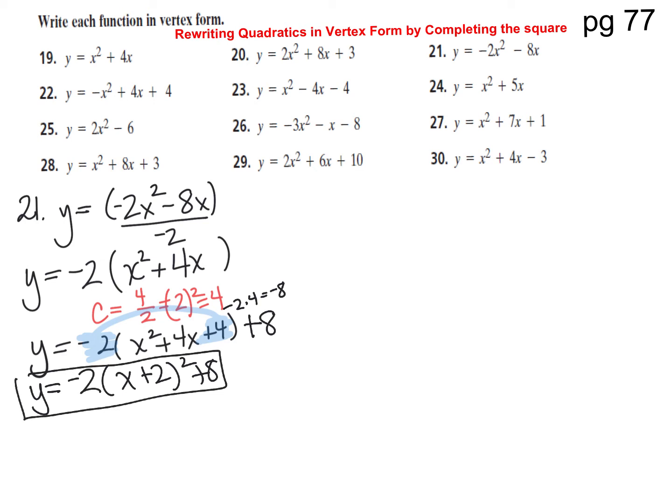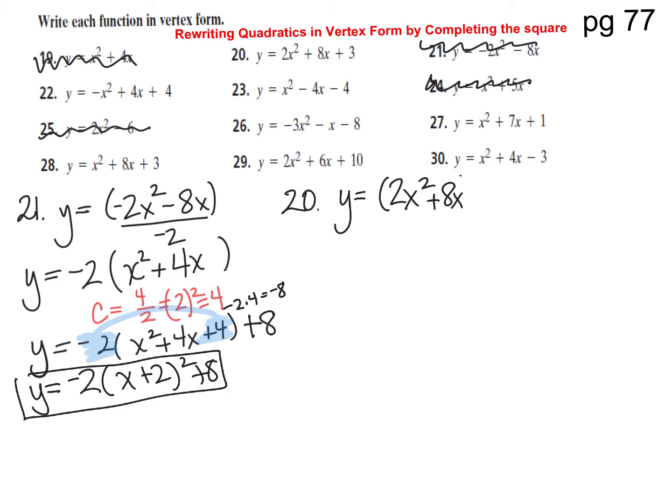Okay. So I've done 19. I'm not going to do 25. I've done 24 and now 21. Let's do number 20 next. y equals 2x squared plus 8x grouped together plus 3.